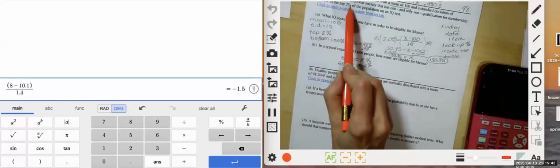So 2% times that population of 55,000. So 55,000 times 2%, or 0.02, equals 1,100.